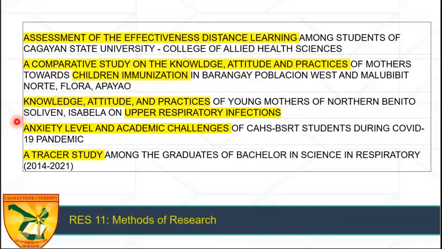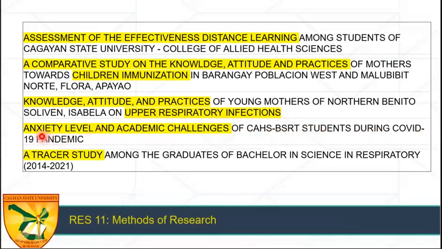And then our third example, knowledge, attitude, and practices of young mothers of Northern Benito Soliven Isabela on upper respiratory infections. So again, the what here is your knowledge, attitude, and practices on upper respiratory infections. For the fourth example, anxiety level and academic challenges of CAS BSRT students during COVID-19 pandemic.